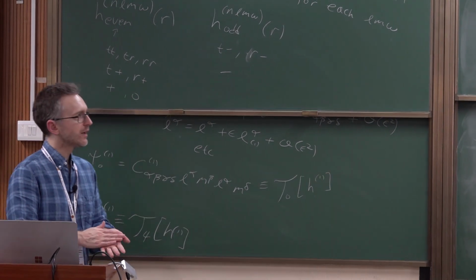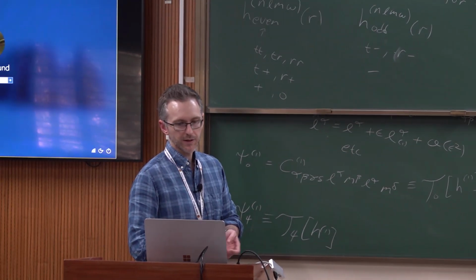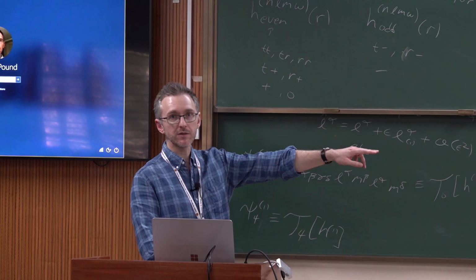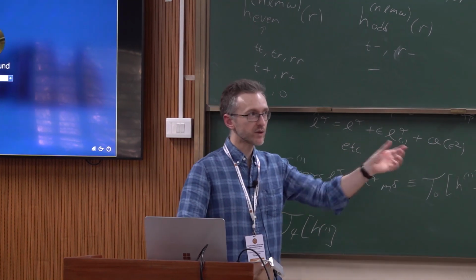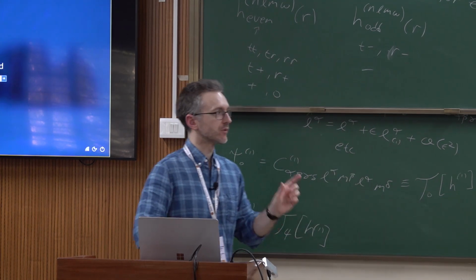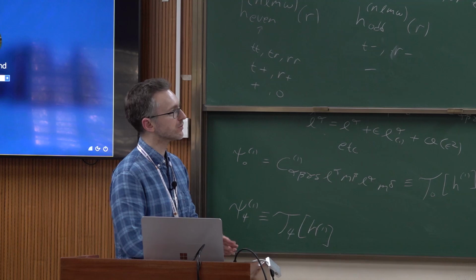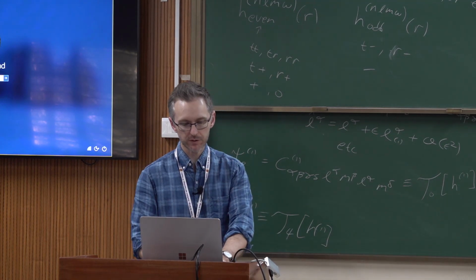That's because the omega dependence of the spheroidal harmonic always comes in the form a times omega. And when a goes to 0, the omega dependence drops out, and you get back to spin-weighted spherical harmonics.